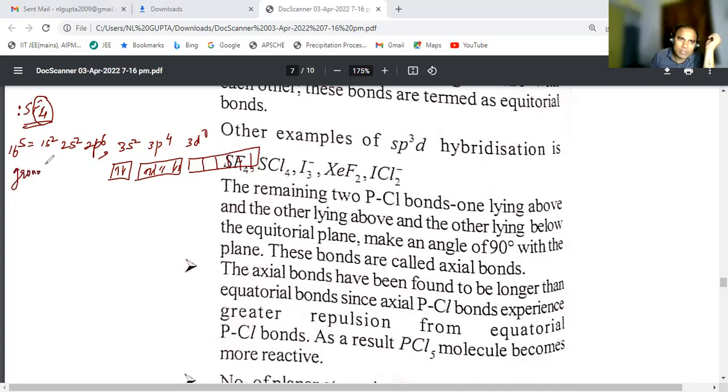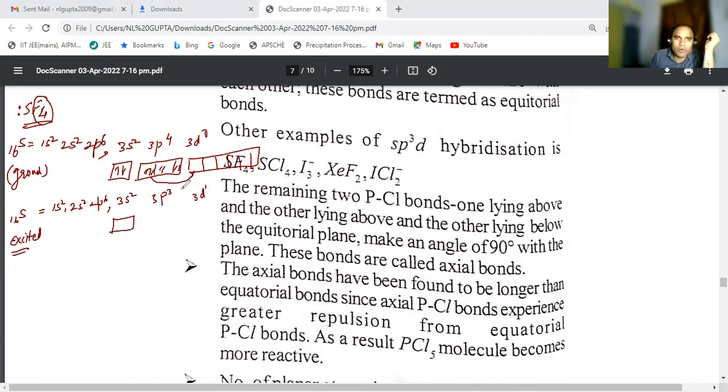Now sulfur 16 in the excited state: 1s2, 2s2, 2p6, then 3s2, 3p3 and 3d1, because one electron has jumped here.